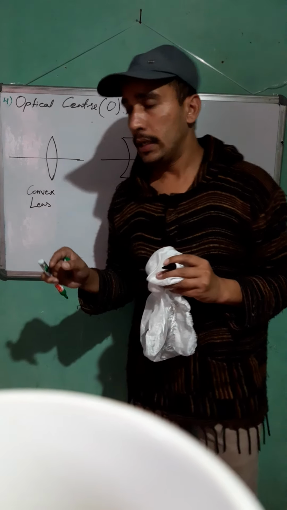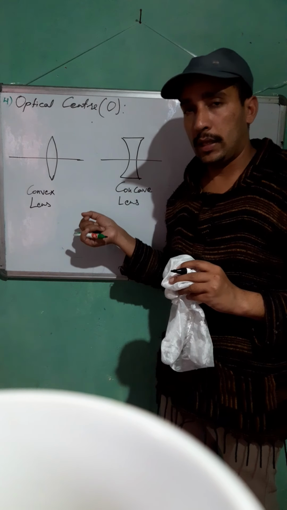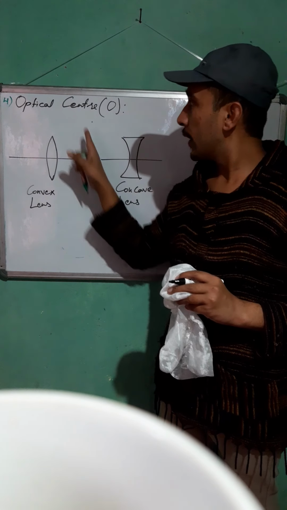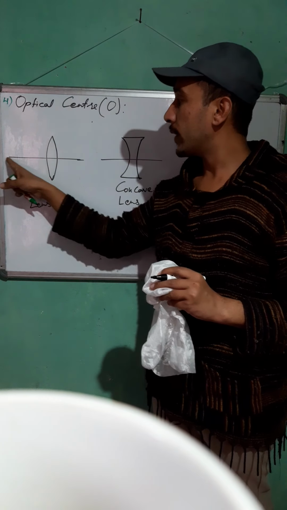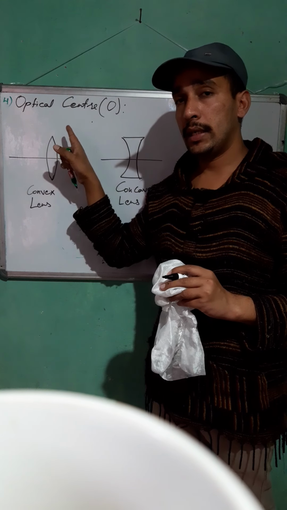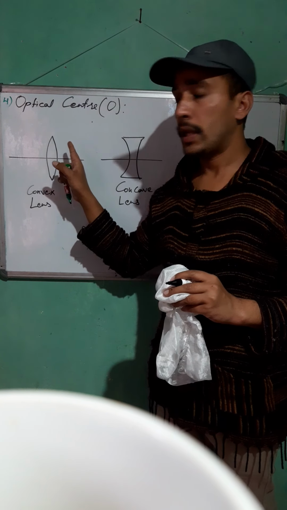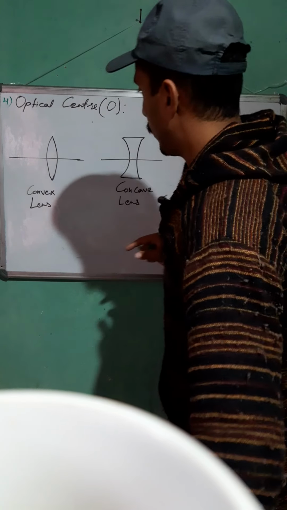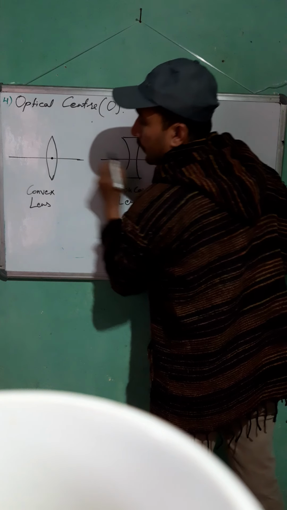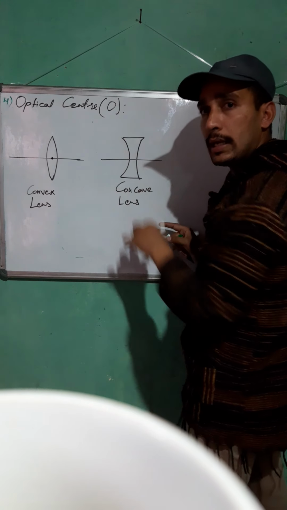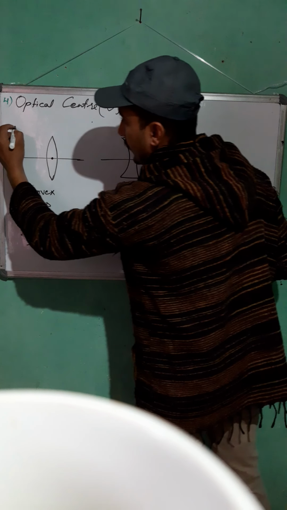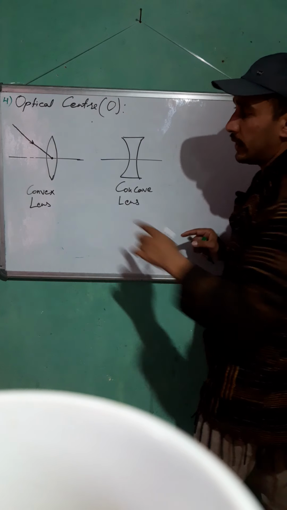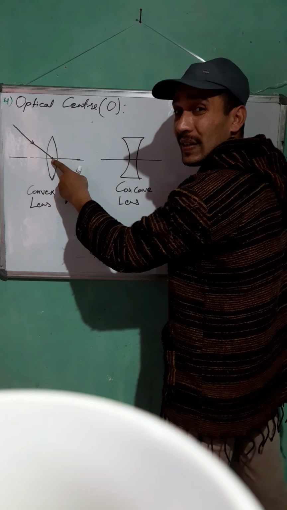Optical center of a lens is a point on this line. This line means principal axis. So optical center of a lens is a point on the principal axis of that lens such that a ray of light passes undeviated through that point. So if a ray of light strikes at this point, if it is incident at this point, it passes undeviated.